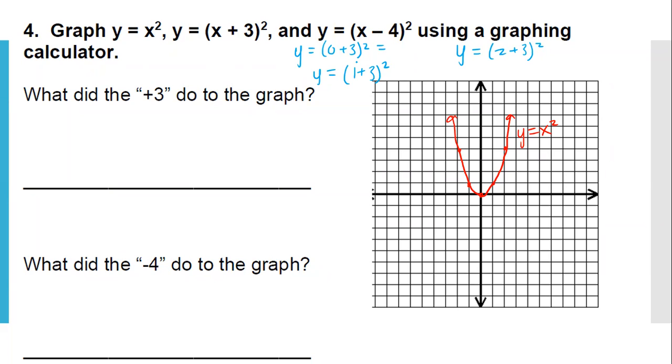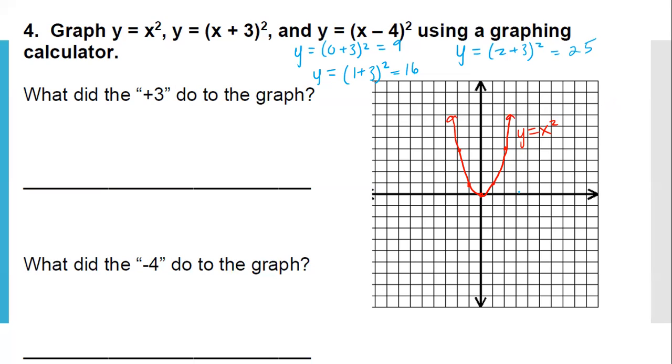Well, 0 plus 3 squared gives me 9. 1 plus 3 squared gives me 16. 2 plus 3 squared is going to give me 25.